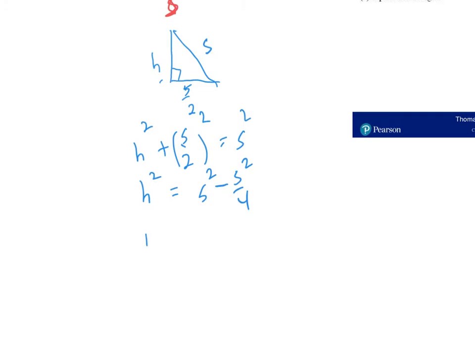Keep going. I'm going to put a magic 1 underneath that and do my magic fractions. How do I subtract that? 4 times S squared is 4S squared minus 1 times S squared is S squared, all over 1 times 4, which is 4.